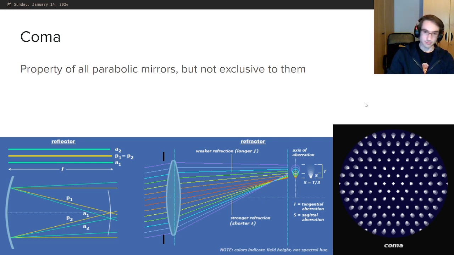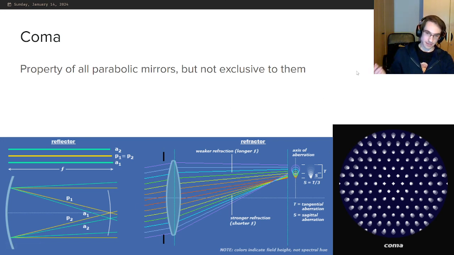For reflecting telescopes, for parabolic mirrors, it is basically due to how the mirror works. But it can also happen with lenses. And that's where Seidel did all of the work to calculate the amount of coma and all of the other aberrations that are produced by each of these shapes.